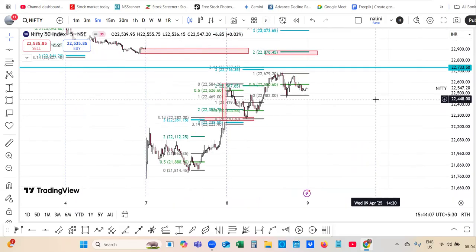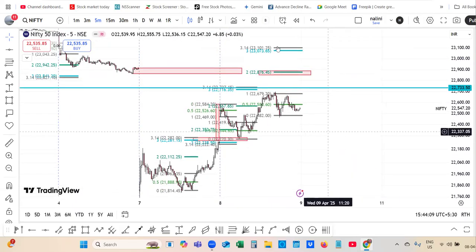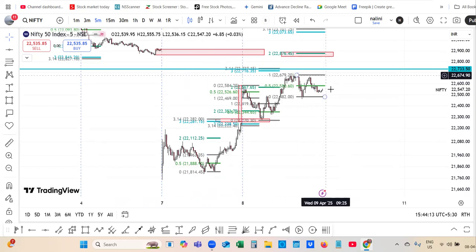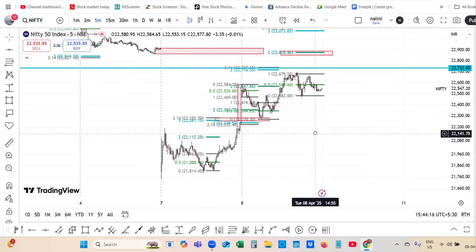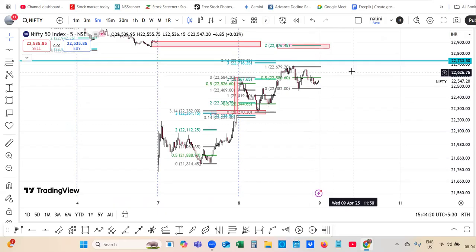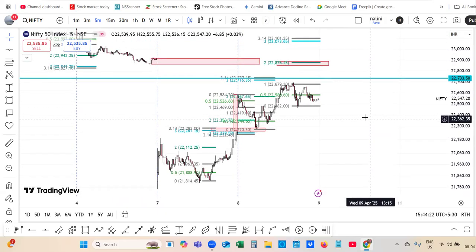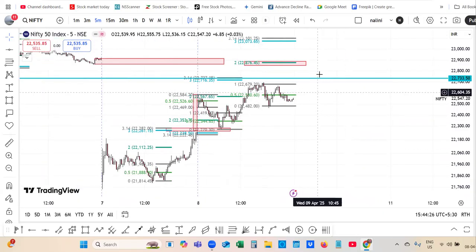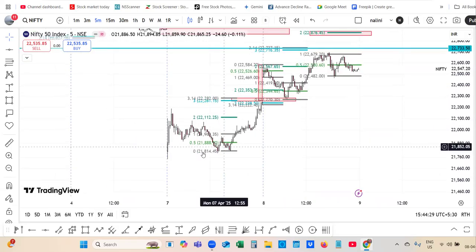The market can complete 3 cycles of movement. There the market may experience a correction again. Or otherwise, if it stalls here and a reversal comes, we need to see. This is the price action we are going to see in the market.